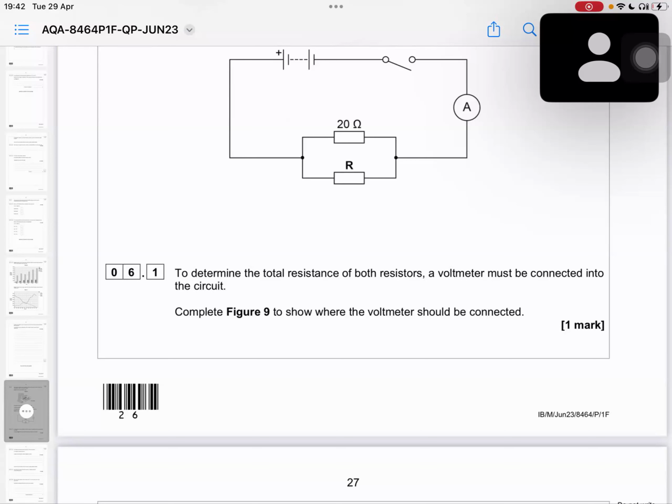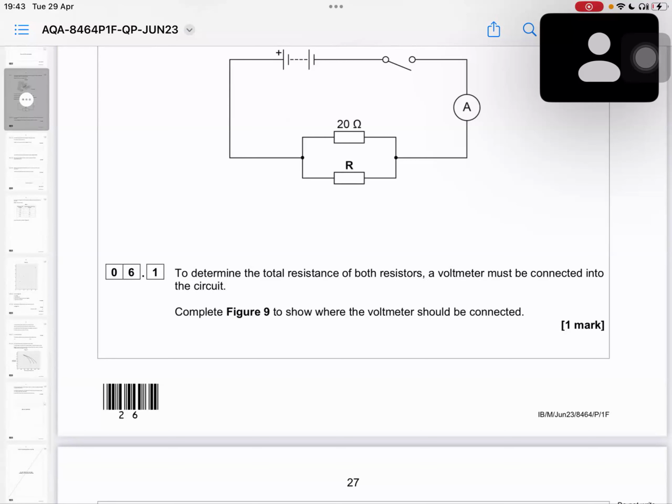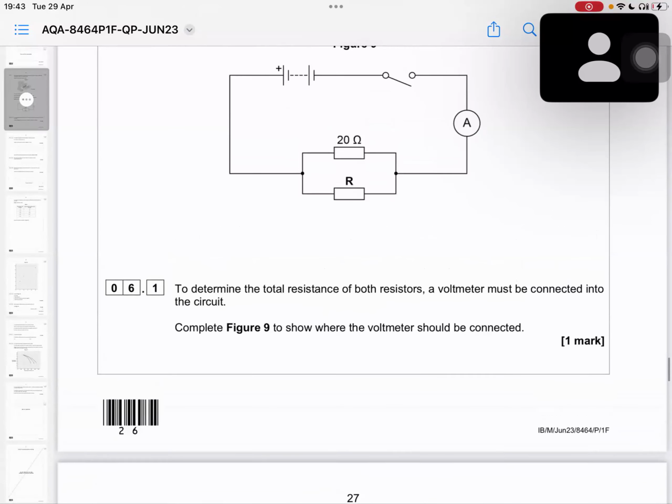Okay, this one has to do with calculation of resistance. It says to determine the total resistance of both resistors, a voltmeter must be connected into the circuit too. It says complete figure 9 to show where the voltmeter should be connected.